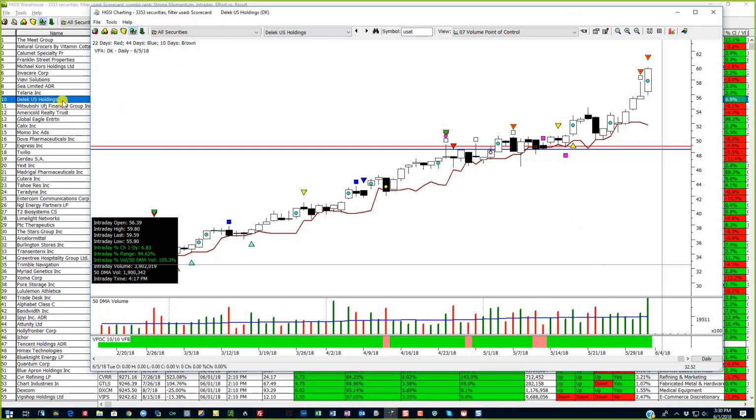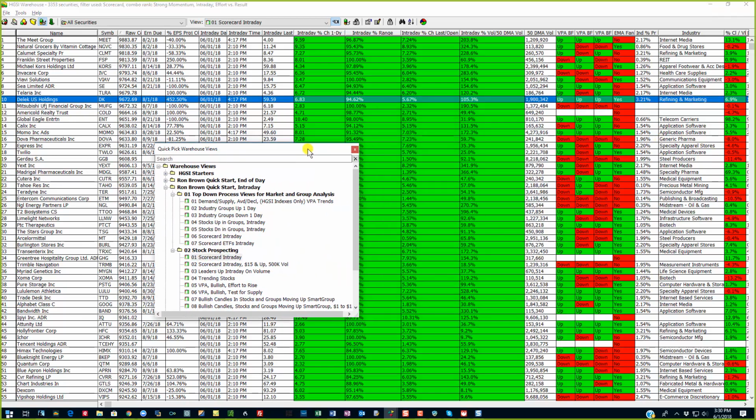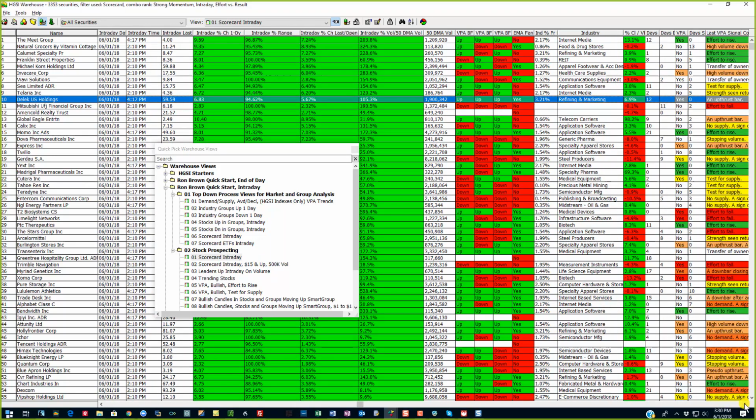Now, you can find these VPOC signals over here, the percent close to the VPOC 1010.